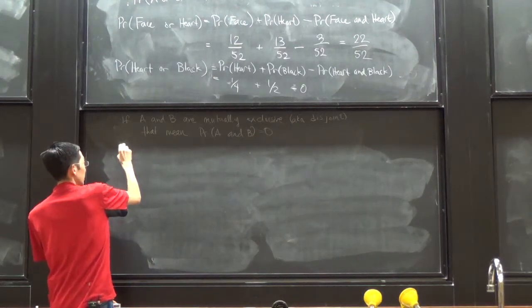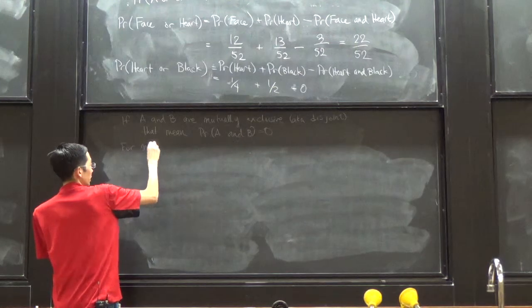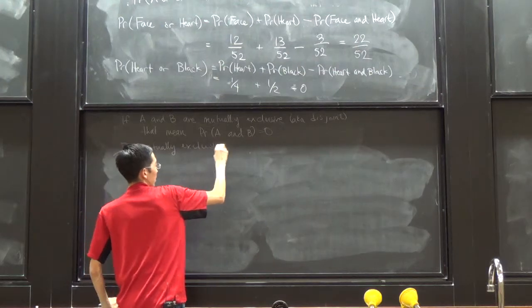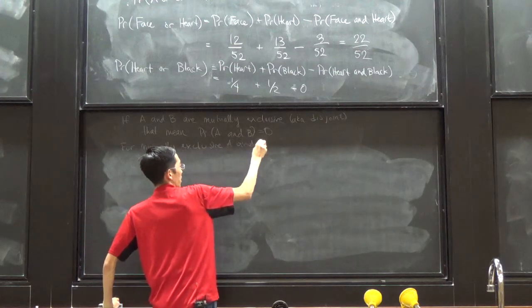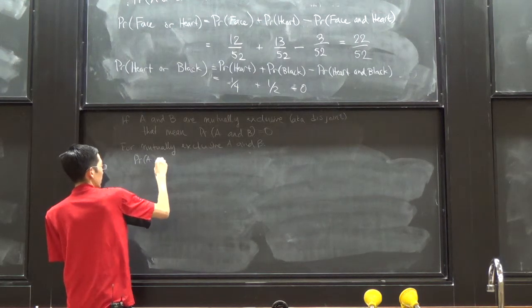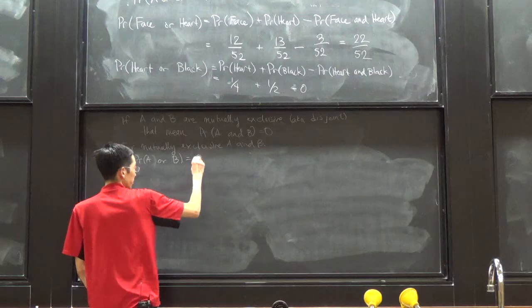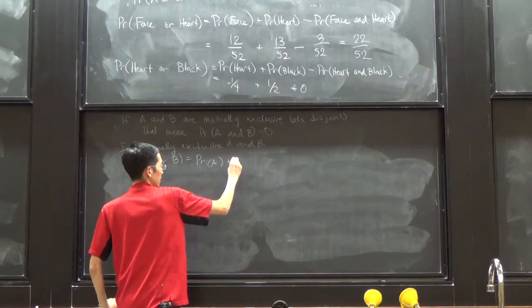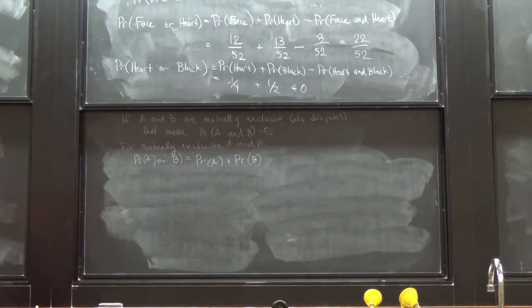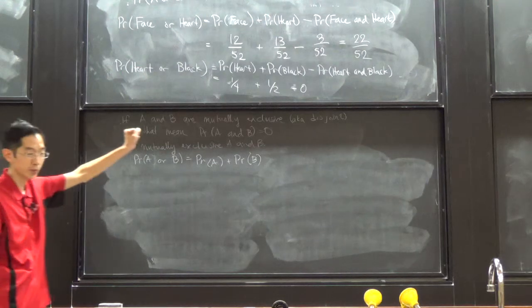And so for mutually exclusive A and B, the probability of A or B is equal to the probability of A plus the probability of B, because the overlap is 0. But it's just a special case of the general OR rule.